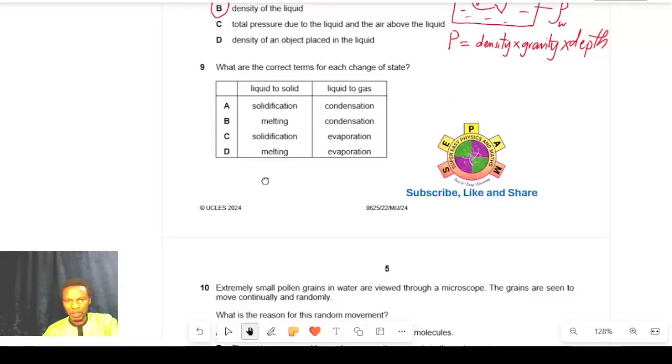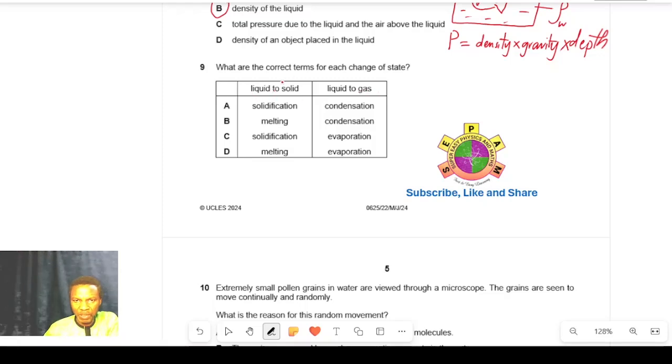Okay, question number 9. What is the correct term for each change of state? In this case, you have a change of state from liquid to solid, and from liquid to gas.